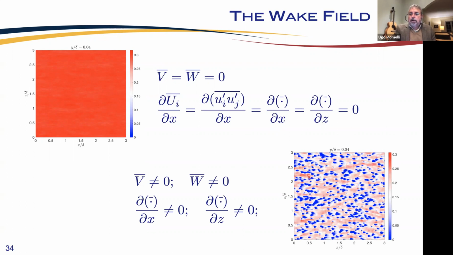There is a time averaged wall normal velocity, and a time averaged spanwise velocity. For example, the flow has to go around the elements, so there will clearly be a time average W. And the derivatives in X and Z of the time averaged statistics are not zero either.